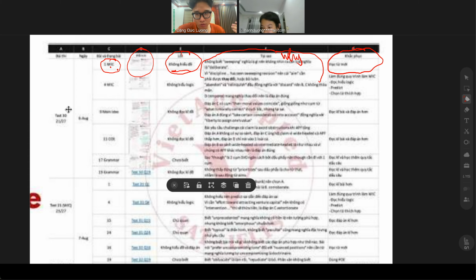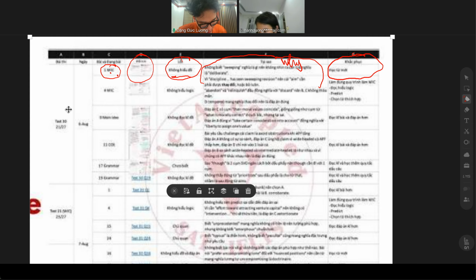You will make the same mistake again and again if you do not make an error log. So the way we avoid repeating our mistakes is to do an error log, okay?